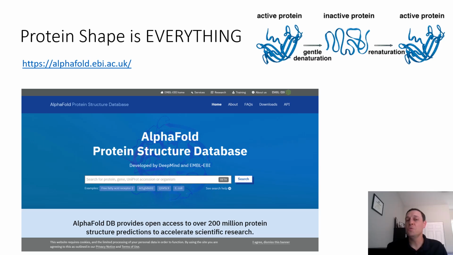But we have a huge database that allows us to both predict and also see proteins that have been visualized before, so we can determine what their shape really is, and how that plays into their function, how interactions occur, and if we make changes to that shape, how the protein will no longer work or work to a lesser degree.